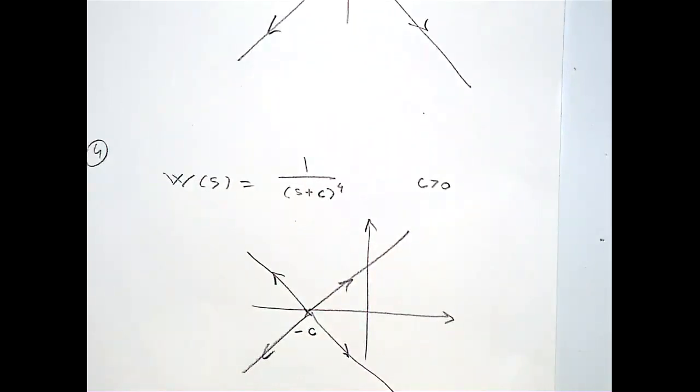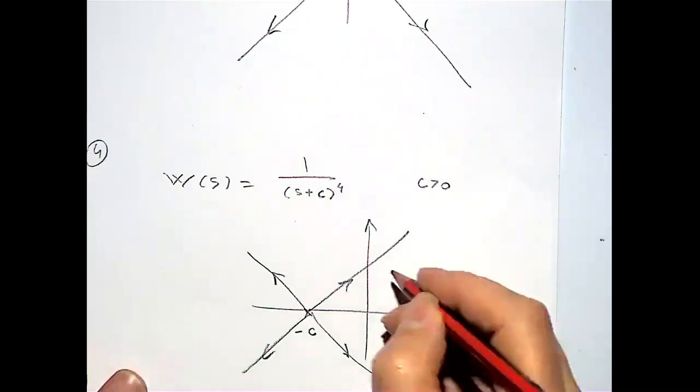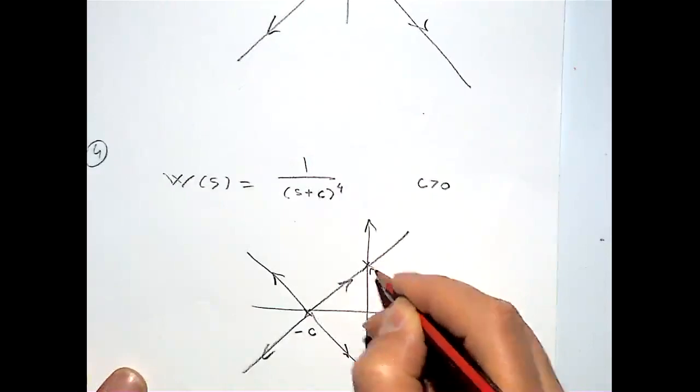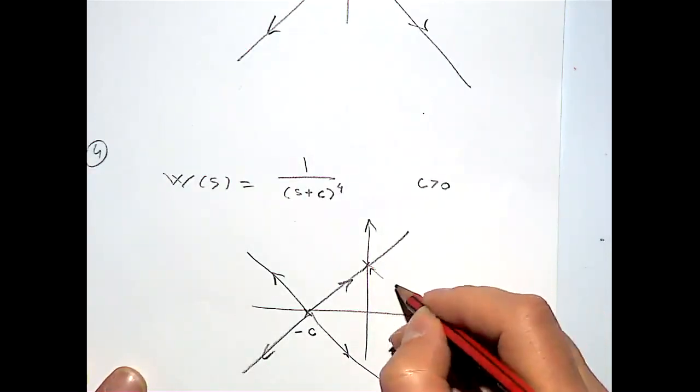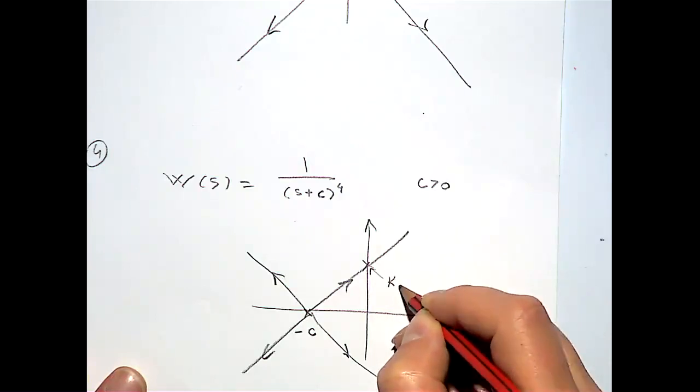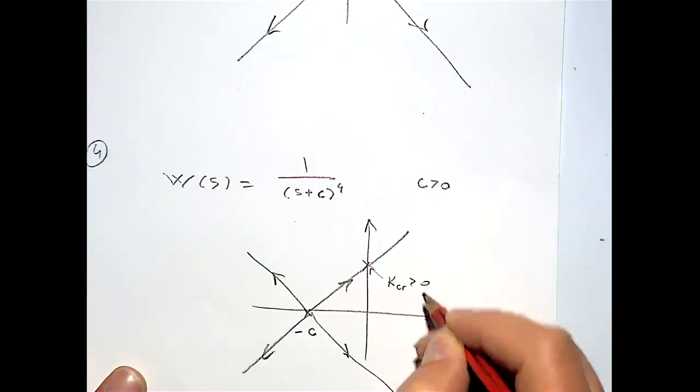What can we say now about how proportional control affects the behavior of the system? Large gain destabilizes, small gain stabilizes, but suppose that I say at this point where we cross the imaginary axis, that would correspond to some critical gain, right?